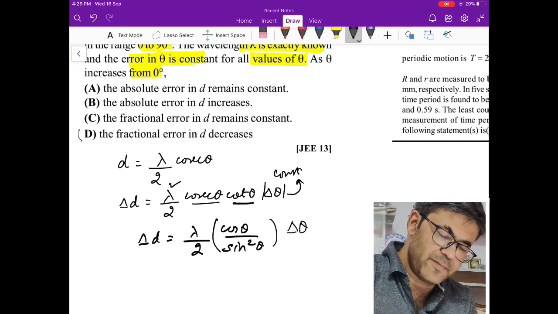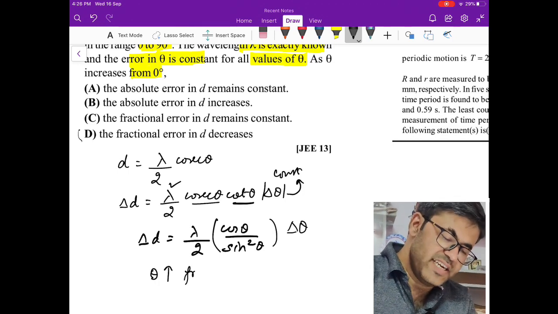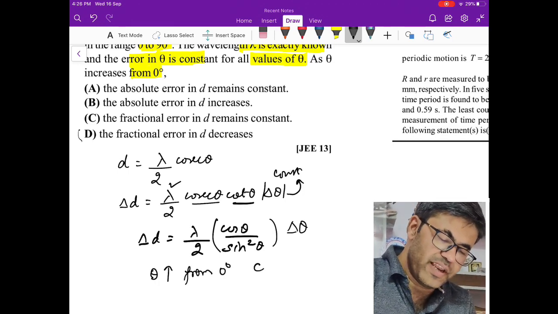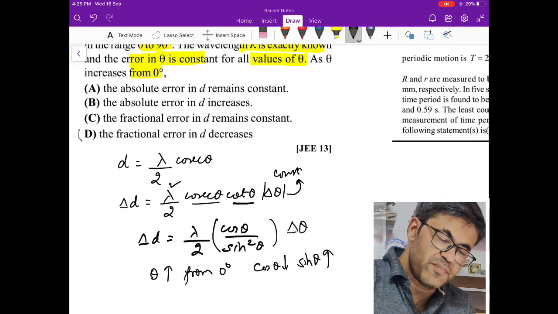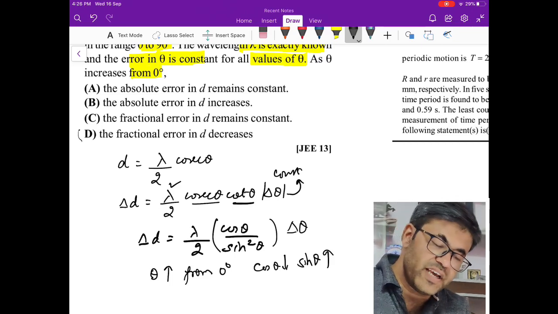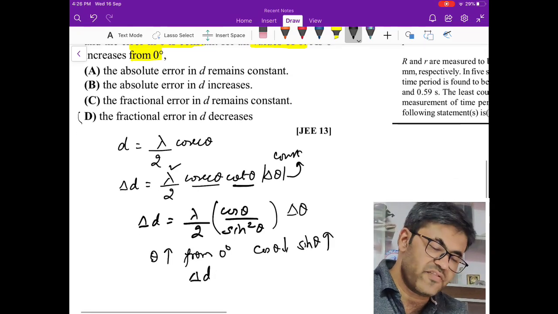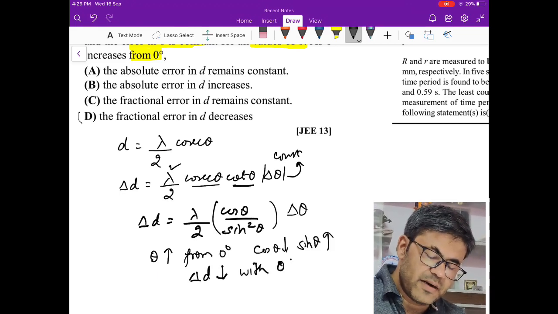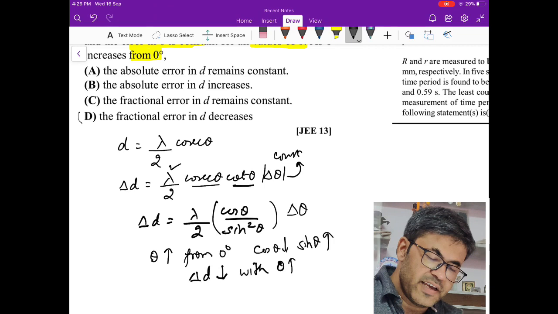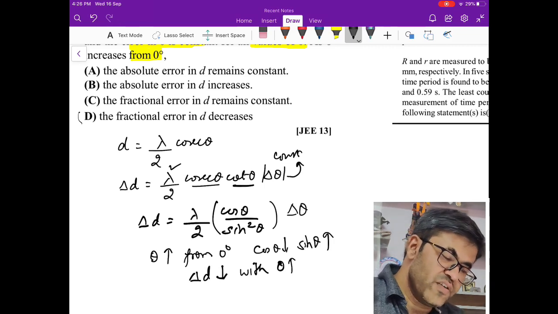Now as theta increases from 0 degree, cos theta will decrease and sine theta will increase. So this bracket term is definitely going to decrease, and rest all things are fixed. That means this delta d decreases with theta. That means the absolute error in d will decrease. So it will remain constant, it will increase, both of them are false.